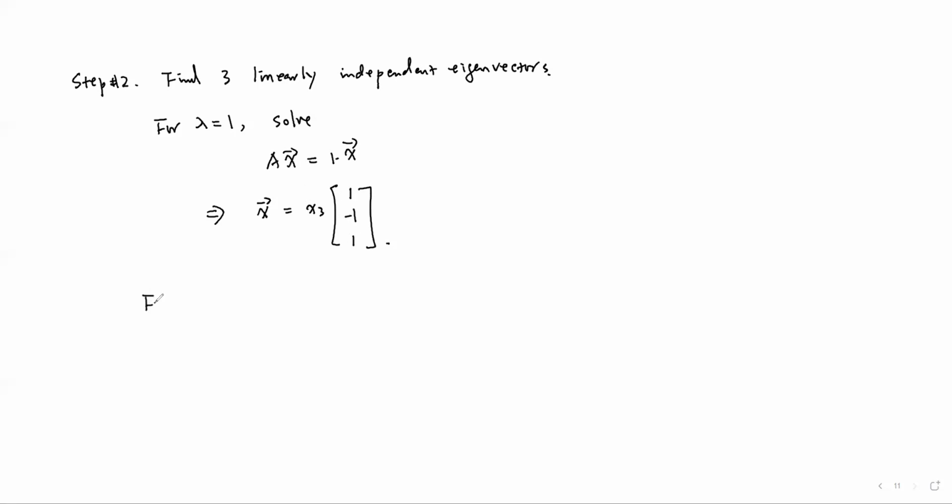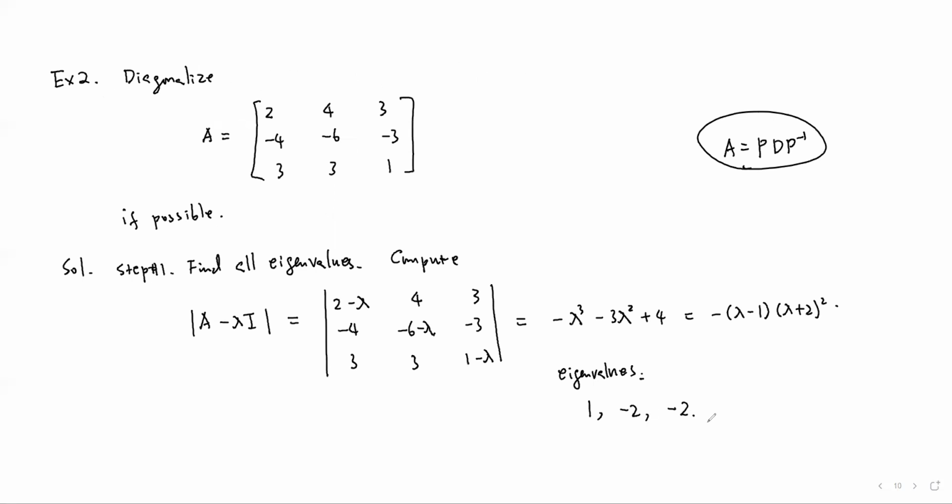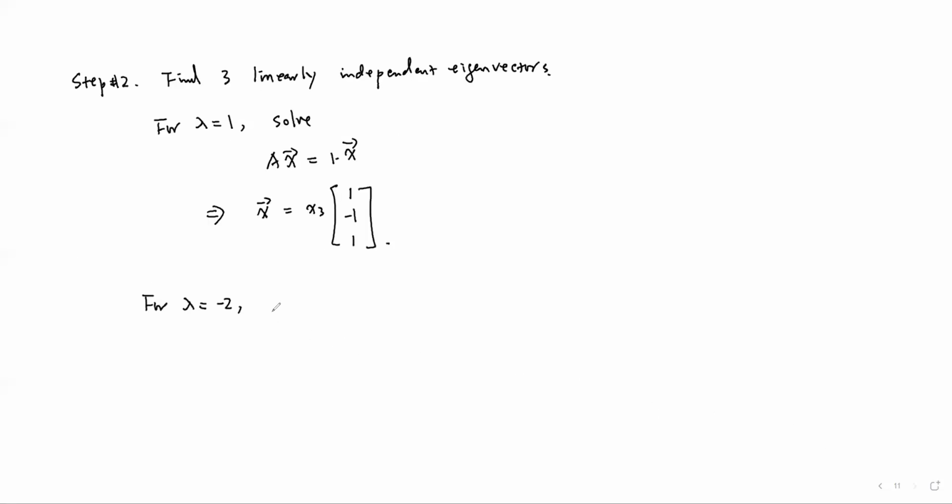Now, for eigenvalue negative 2, solve this equation. Then the solution is x equals x free times negative 1, 1, 0.